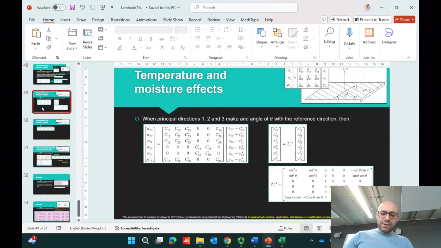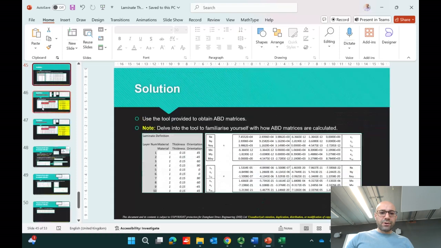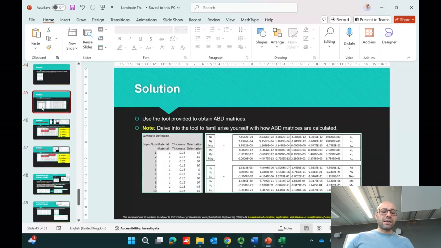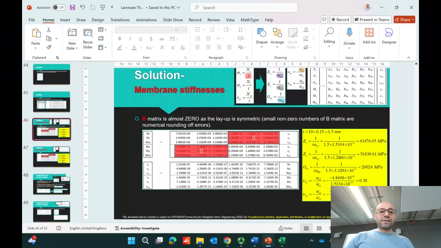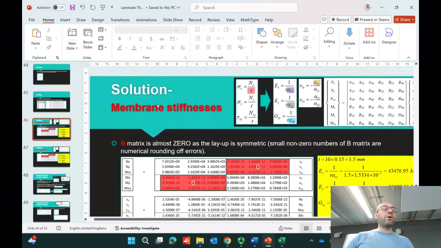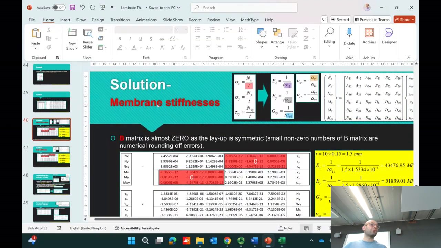The other thing I wanted, maybe the significance of this exercise, is that often you need to find out the homogenized modulus of elasticity, as they call it, trying to create an analogy with metallics. Because in a laminate with different stacking sequences, you've got different plies, each having their own modulus of elasticity.